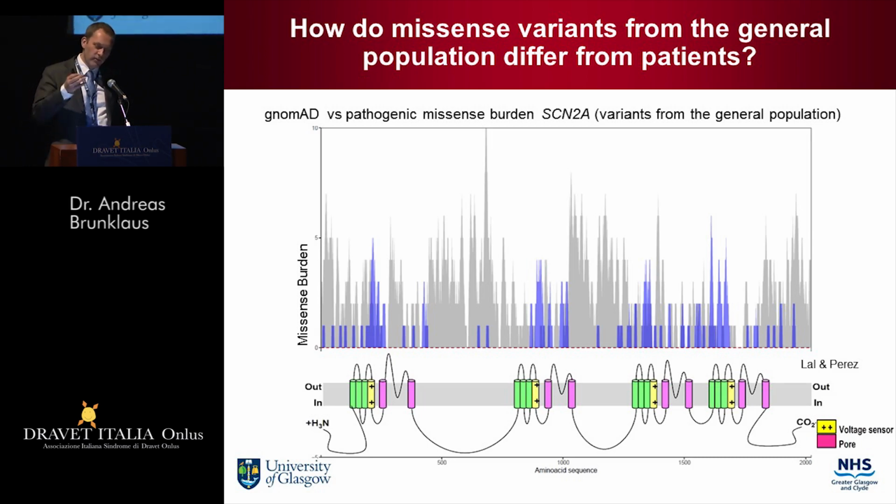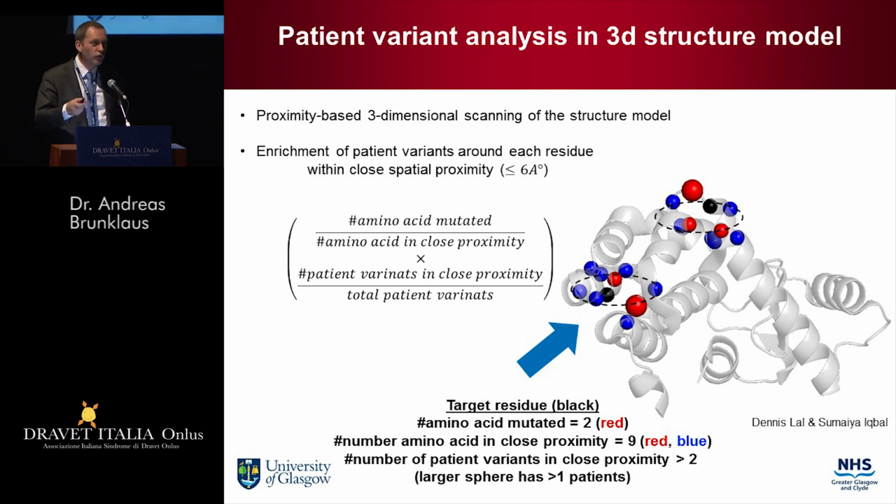I think we can learn a lot by building a tool, which Dennis is doing at the moment, where you can compare SCN1A, 2A, 3A, and 8A, as well as other sodium channels, because there are lots of similarities in expression and where we find disease variants. Of course, this is only a 2D model.